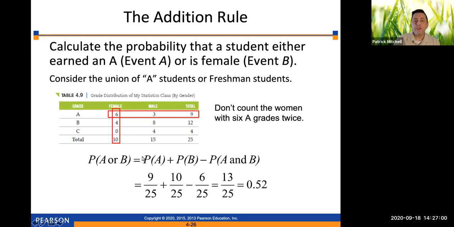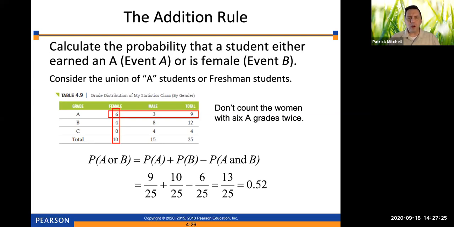Now, if you just did probability of A plus probability of B, you would do 10 over 25 plus 9 over 25, but you can't just leave it at that because in that case, the 6 would have been counted twice. So because the 6 has been counted twice, we have to take it out once. That's the idea behind this formula.